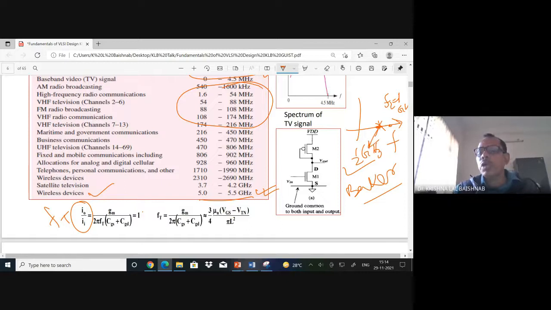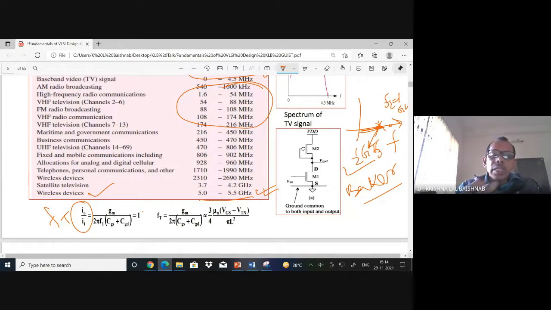The first pole will be located at 500 megahertz. So at 500 megahertz your first pole is coming, and you can estimate your bandwidth from that. That way, we have to have high FT to work in the higher frequency region.